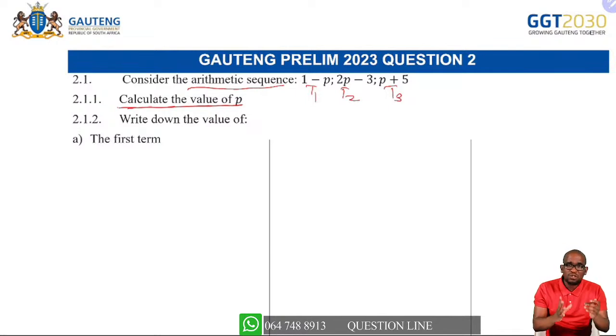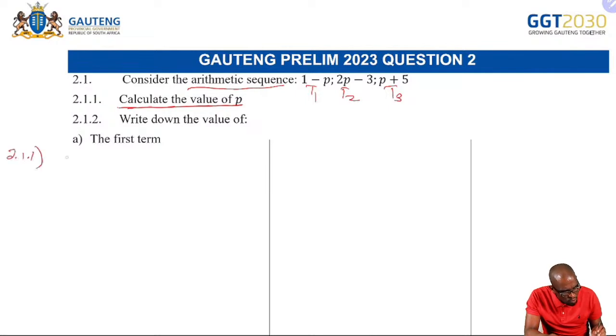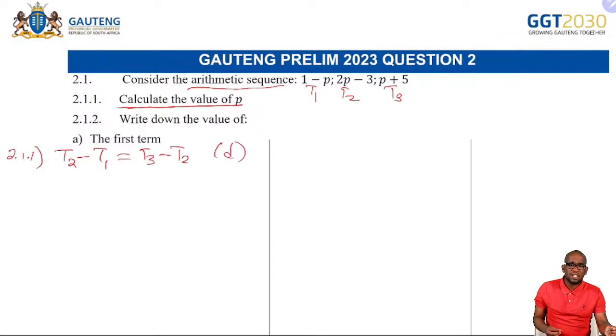The simplest way to generate that equation is to use the formula for the common difference, question 2.1.1. To work out the common difference, you would use T2 minus T1, which equals T3 minus T2. That would be your common difference. This therefore gives you the equation that you need to calculate the value of p.